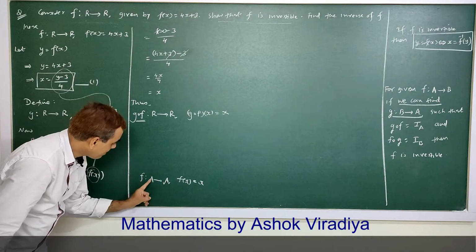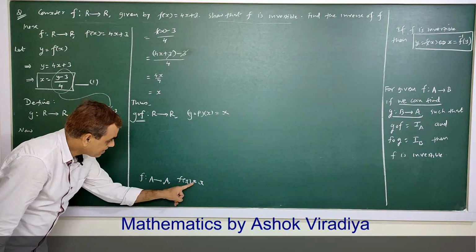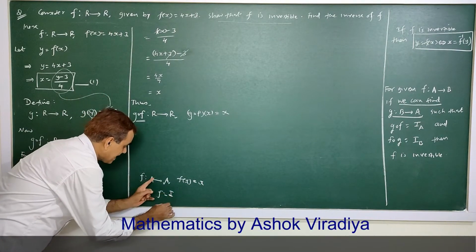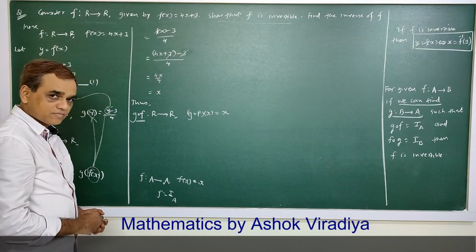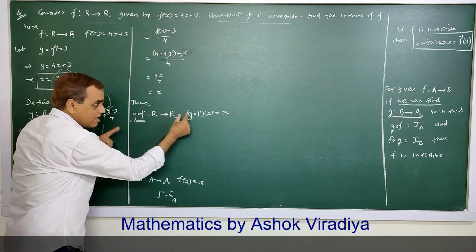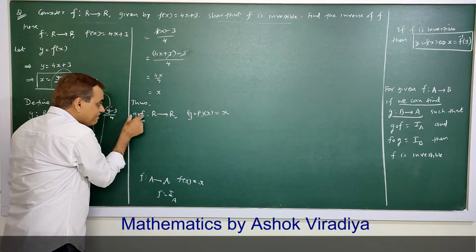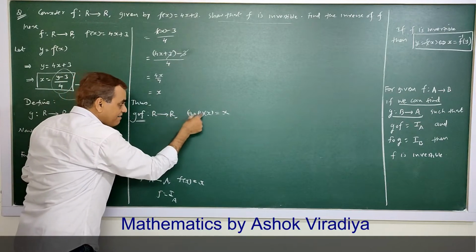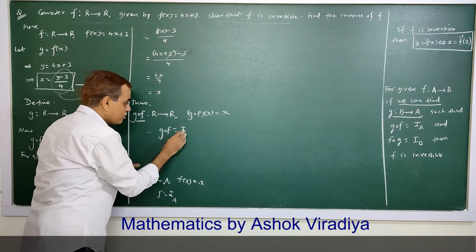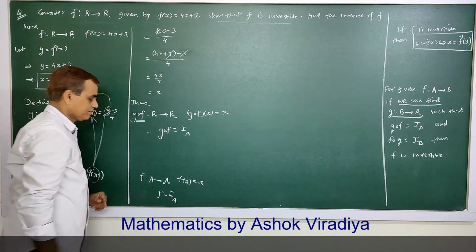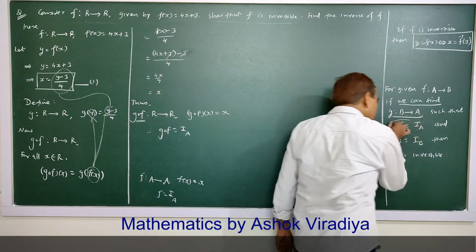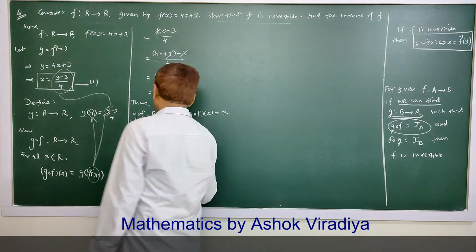Domain and codomain are the same, and the function keeps elements unchanged. This is the identity function on set A. Now a similar pattern is here. Consider this as f from A to A, f(x) is x. Therefore it is the identity function on A. So this condition is derived.